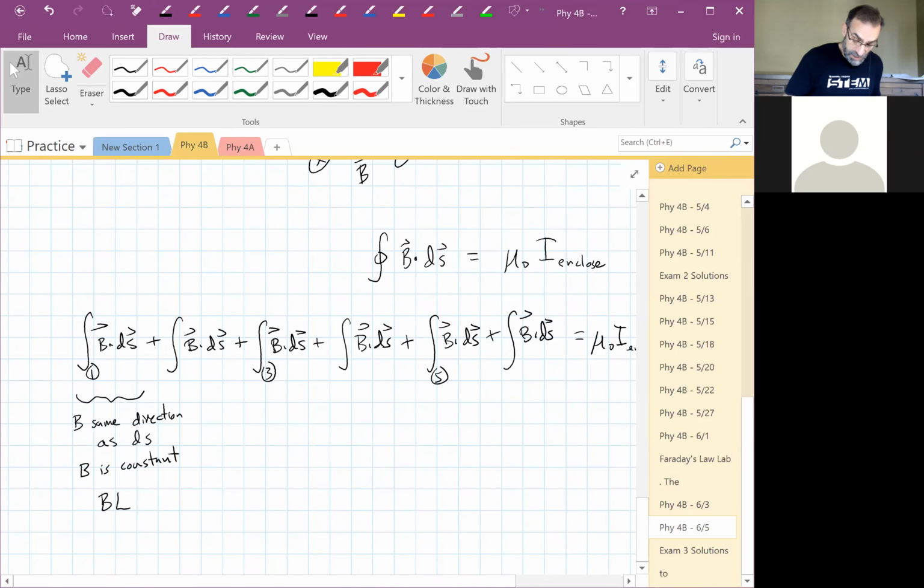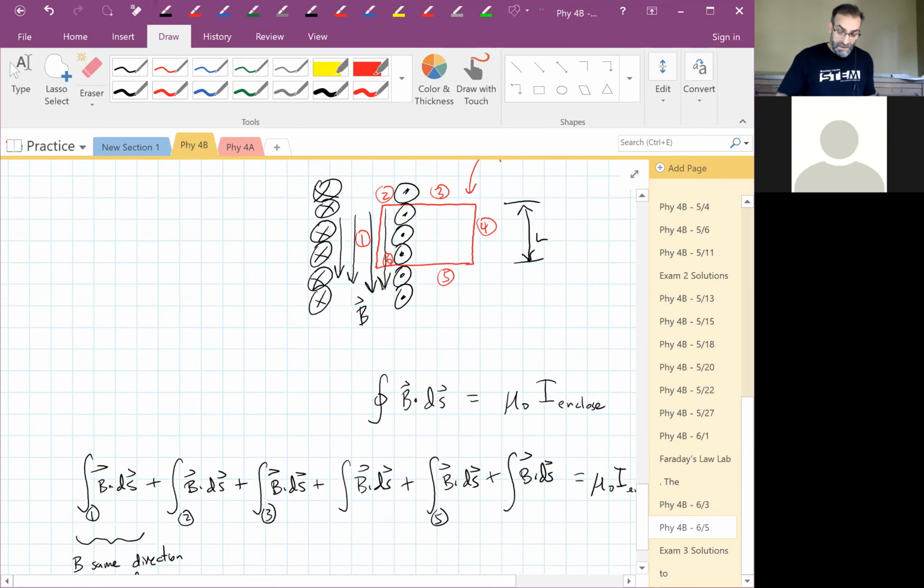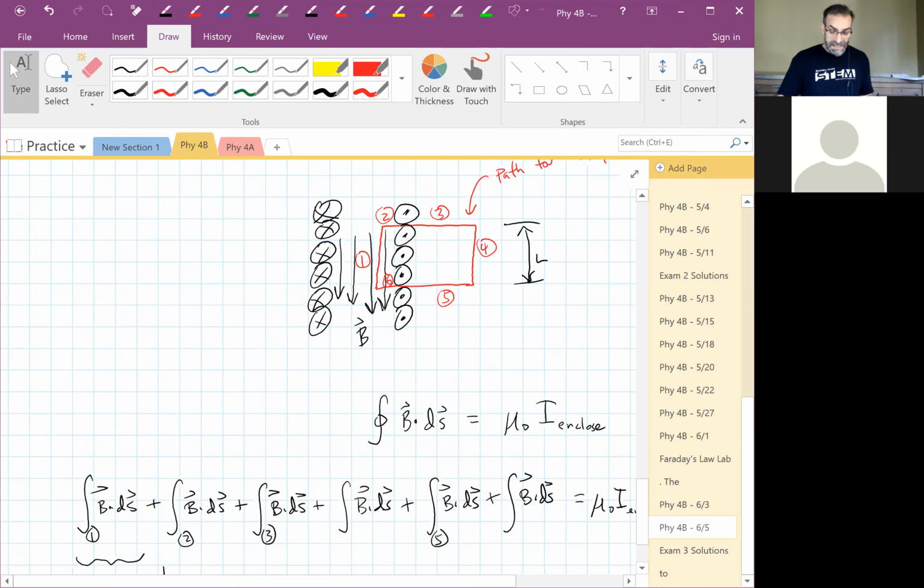Let's do the next one, segment 2. What do we get for B dot ds along segment 2? Segment 2 is this one right here. Right, that's segment 2, that section that's going horizontal, but still inside of the solenoid.